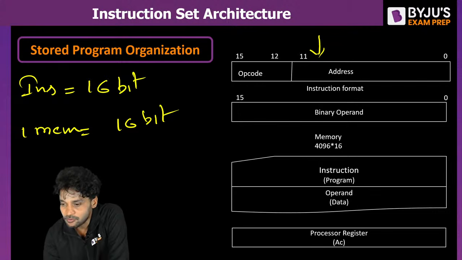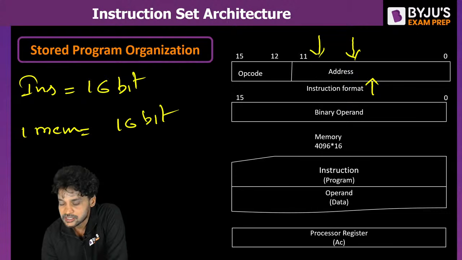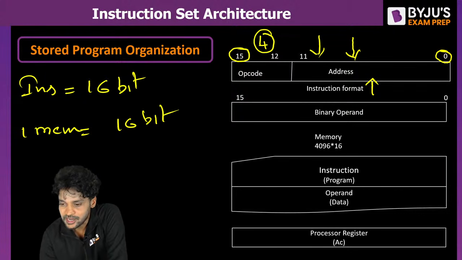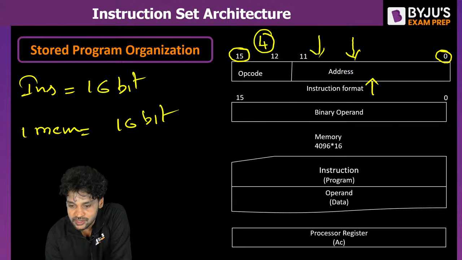What you're watching here is an instruction within the main memory. One total instruction is of 16 digits, starting from the 0th digit to the 15th digit, in which 4 digits are given for the opcode and 0 to 11 are given for the address. Now, the architecture that we are considering is a single accumulator organization architecture.